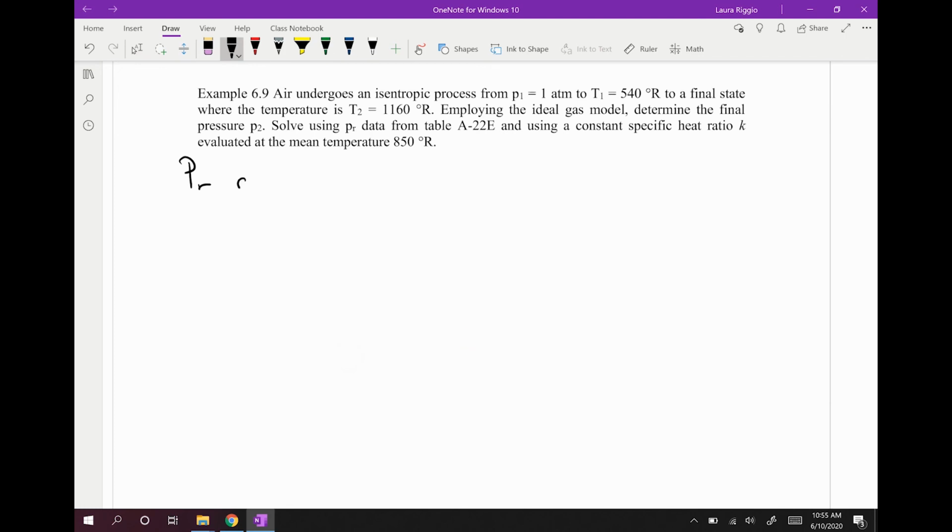For the P_r data, we know that P2 over P1 is equal to P_r2 over P_r1. If I solve for P2, I get P2 equals P1 times P_r2 over P_r1.